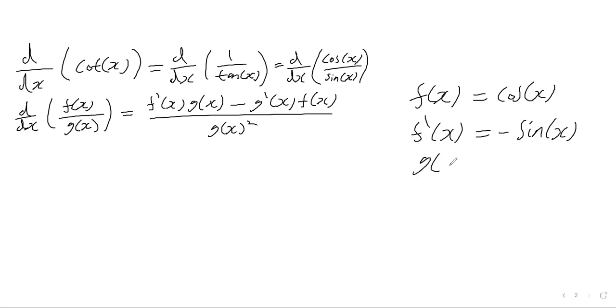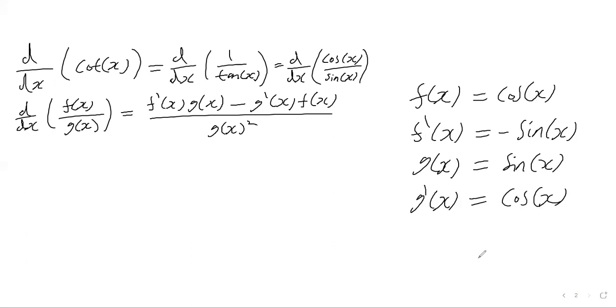We're going to correspond the g with the sine because sine is on the denominator of the quotient, and the derivative of g is going to be cos because again we know that differentiating sine gives cos, and g squared is just going to be sine squared.